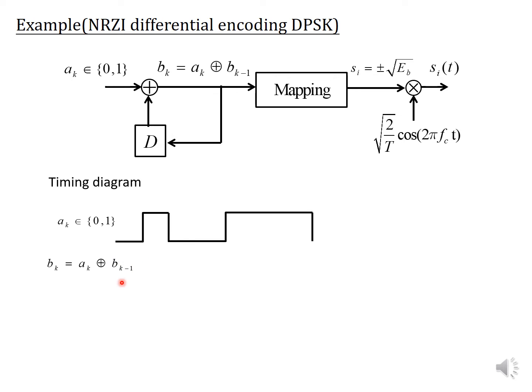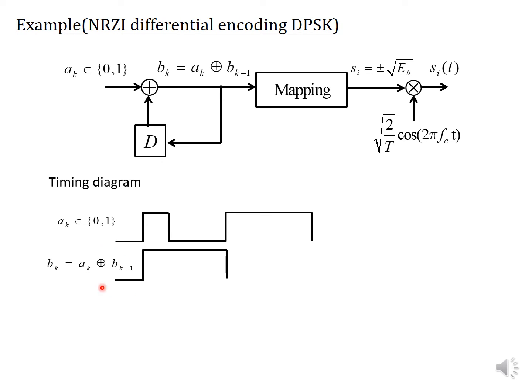This previous symbol BK minus 1 is again correlated to the previous BK minus 2, and BK minus 2 is correlated to BK minus 3, and so on. So every symbol BK is correlated to the previous symbol BK minus 1, in combination with the current input AK.